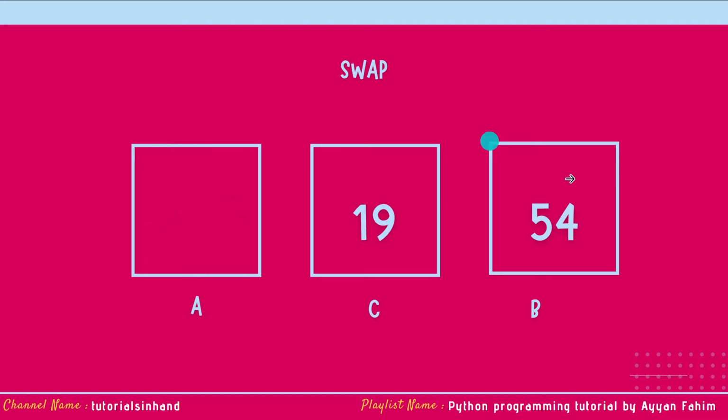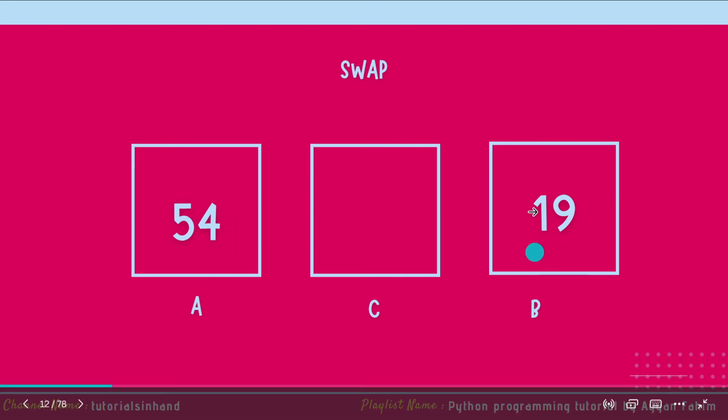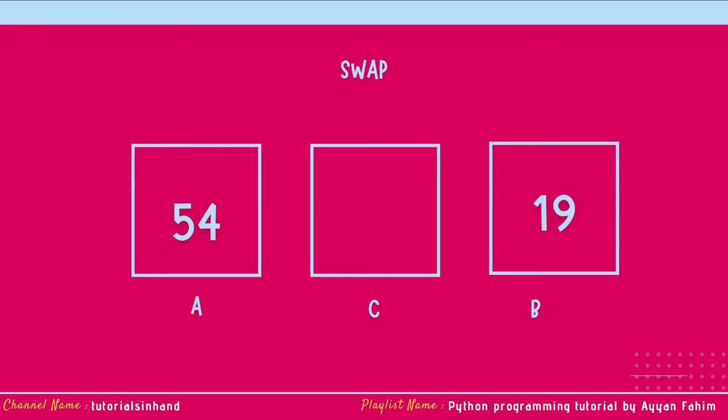Now we will put the value of B into A. So my A will be 54, C is 19 and B is empty. Now we will put the content of C into B, and finally my A will be 54 and my B is 19. That is what we wanted, that is what we swapped, and this is how we will apply the logic.